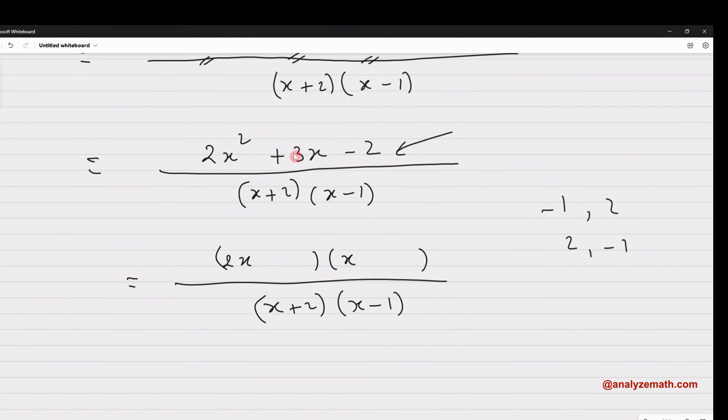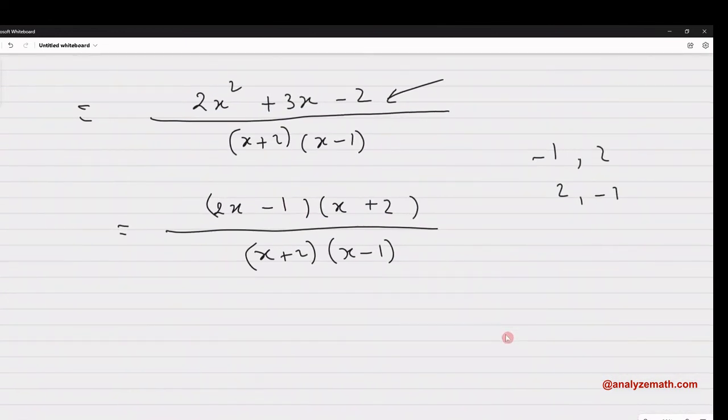Now we look at the 3x. 3x is positive, so we need the 2 here, because this 2 multiplied by 2x will give me my 4x, but we need the minus 1 here so that the minus x with the 4x gives me my 3x. And then the product, there is no problem, it's minus 2.